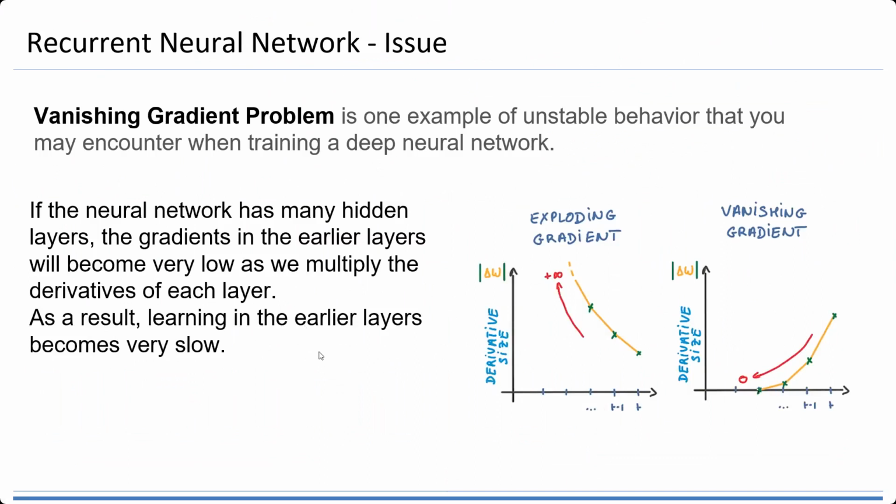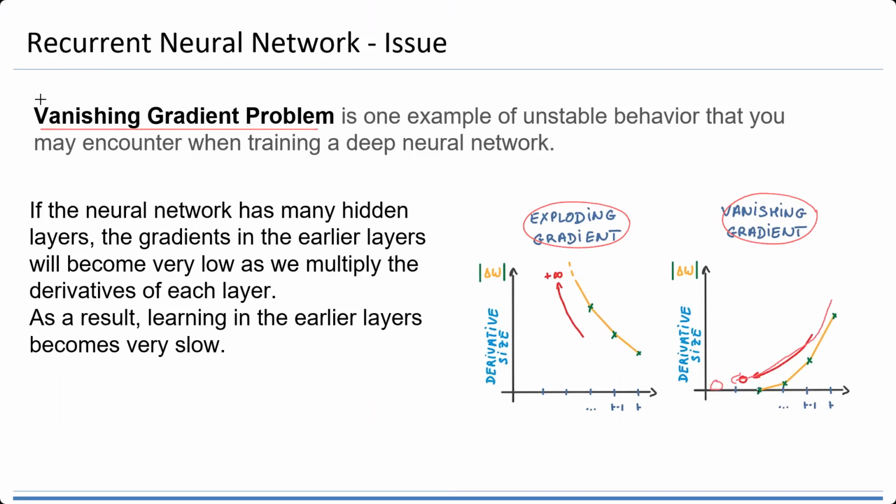The RNN is actually almost the same as the neural network. The issues are two. The first big issue is the vanishing gradient, and the second issue is the exploding gradient. Vanishing means it suddenly becomes very low, near zero, or it is zero.